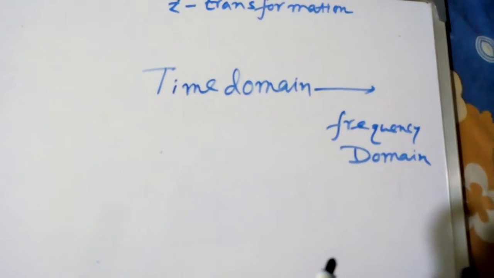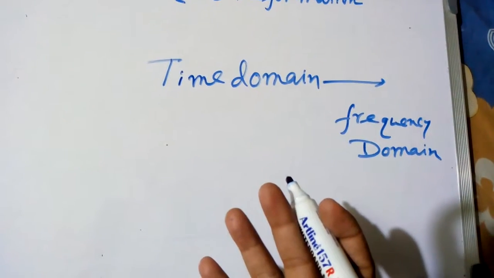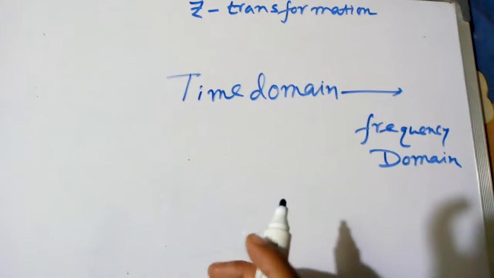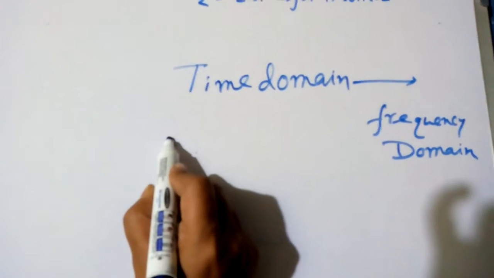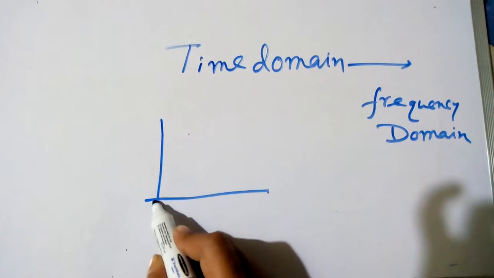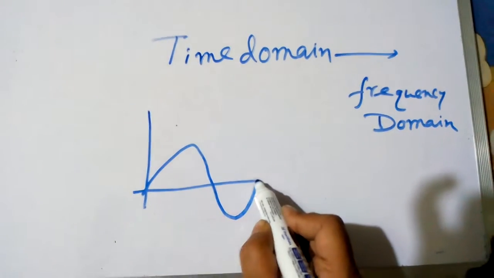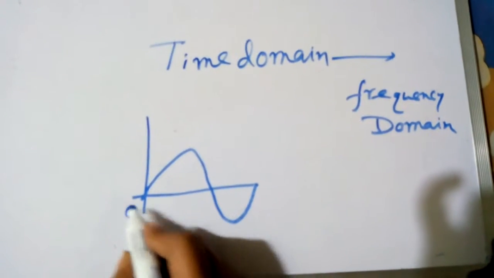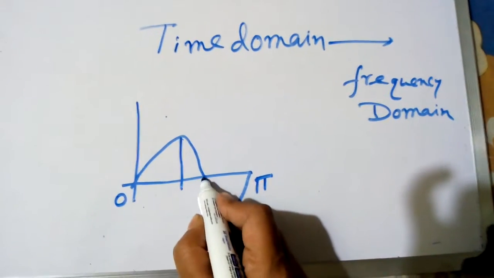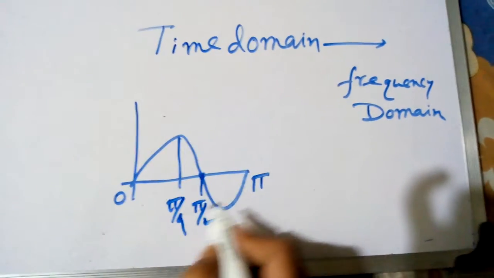What is a continuous signal? We will teach this continuous signal by some example. If we consider a sine graph, it looks like this. The origin is 0, and here pi, this point pi by 2, this point pi by 4.